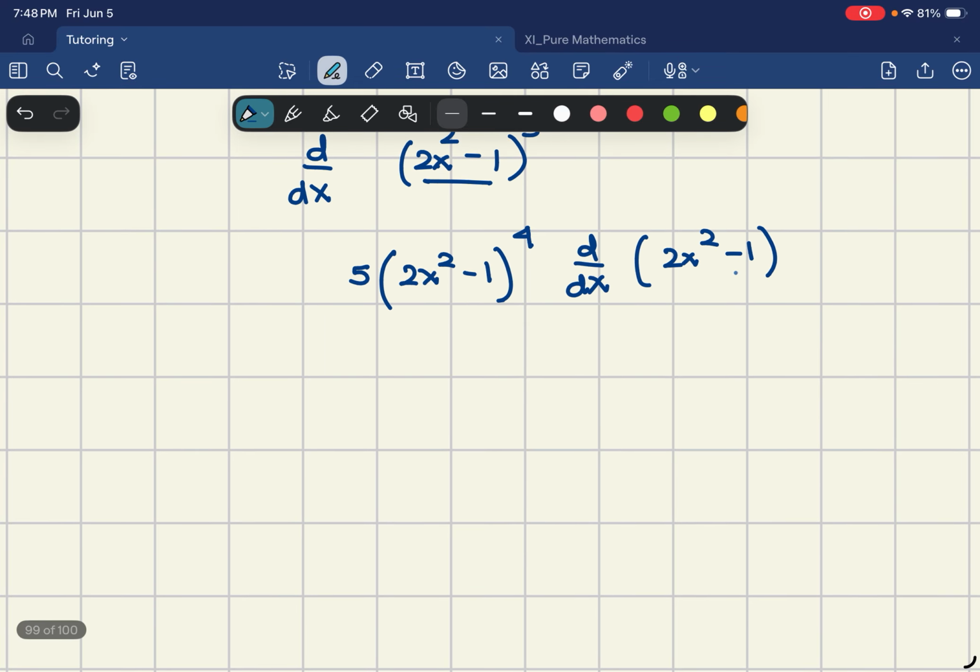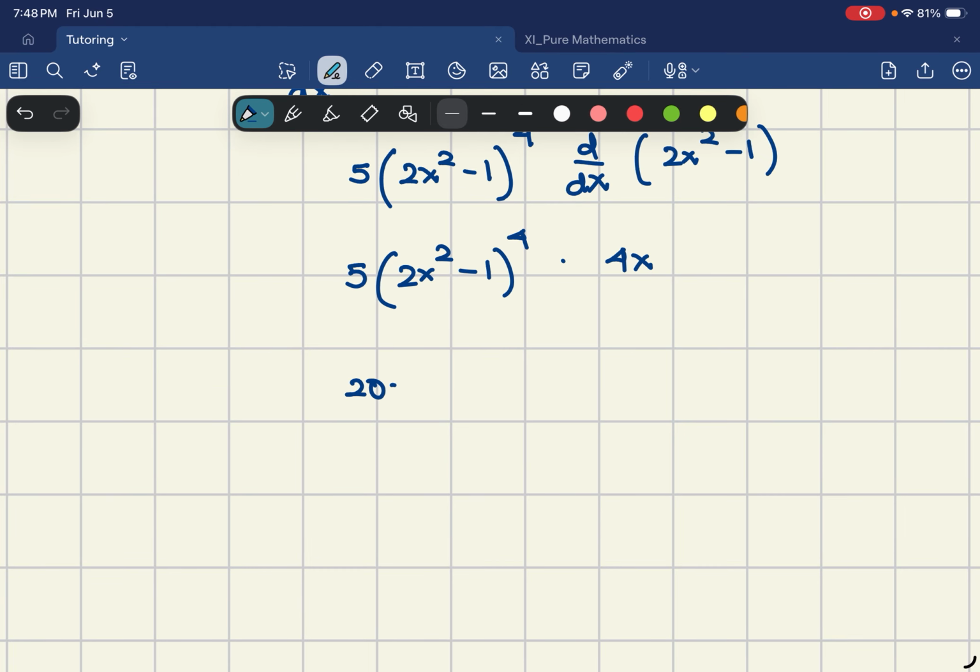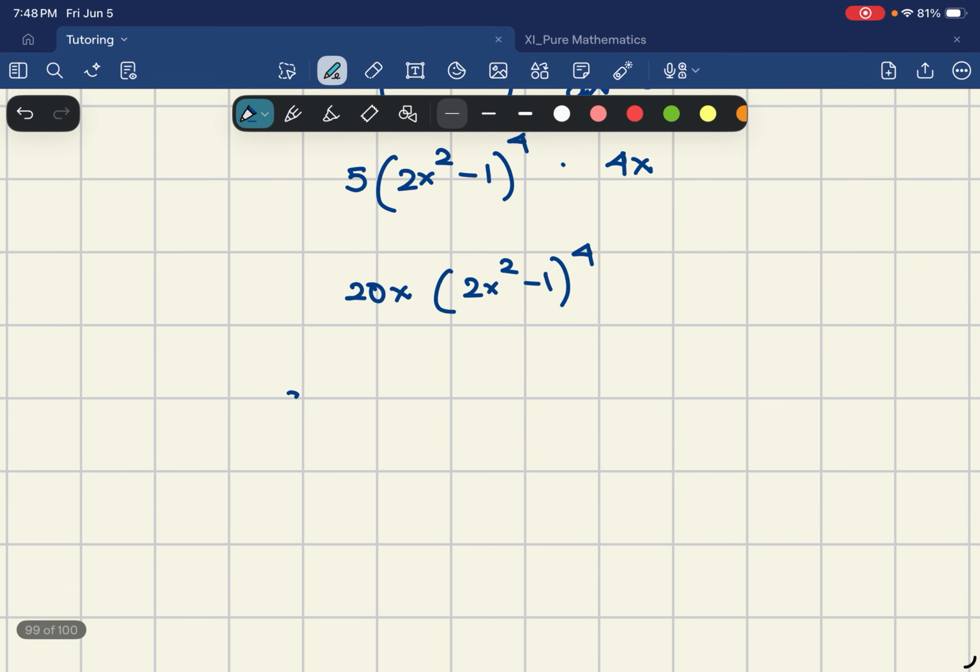And when you differentiate this, you are going to get 4x. And if you put everything together, you're going to get the expression 20x (2x squared minus 1) to the power 4.